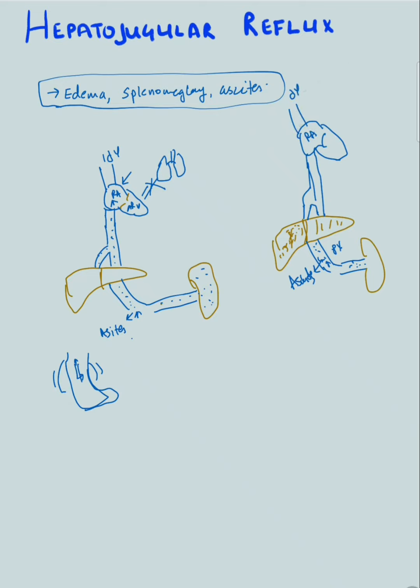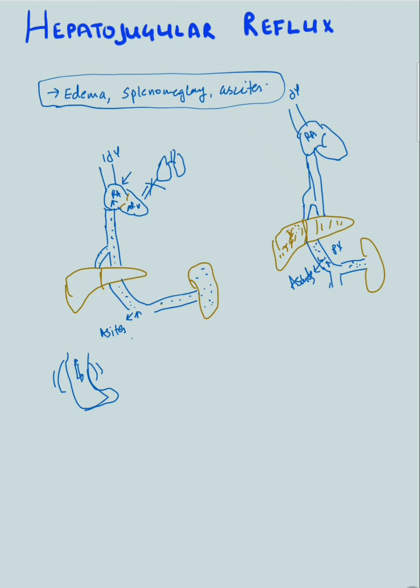The blood will not back up here because the main problem here is the liver. The problem in heart failure was above the liver, at the right atrium. Here it is the liver, so the blood here will be okay, because there is no problem with the right heart. So these are the differences between the presentation of cirrhosis and heart failure.